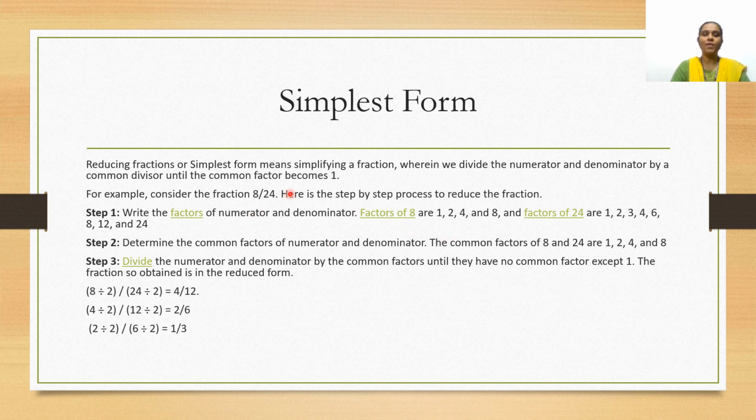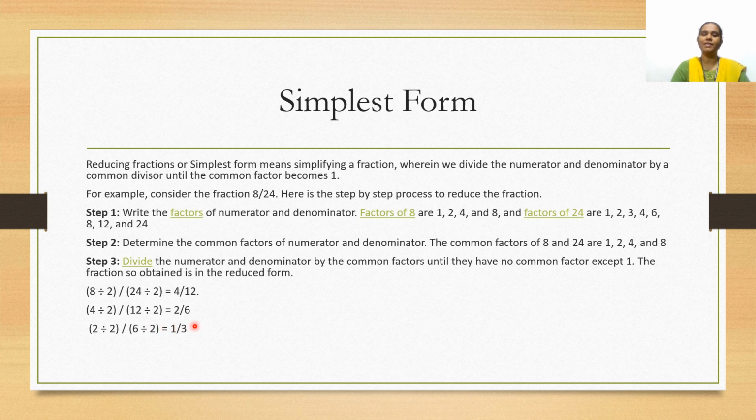So if we divide the fraction 8 by 24 by the HCF, that is 8, the numerator and the denominator, we will be obtaining the simplest form or reduced form of the fraction. Or you can go step by step, like 8 I am dividing by 2 and 24 also I am dividing by 2. I will be getting 4 by 12. 4 again I am dividing by 2 and 12 I am dividing by 2.